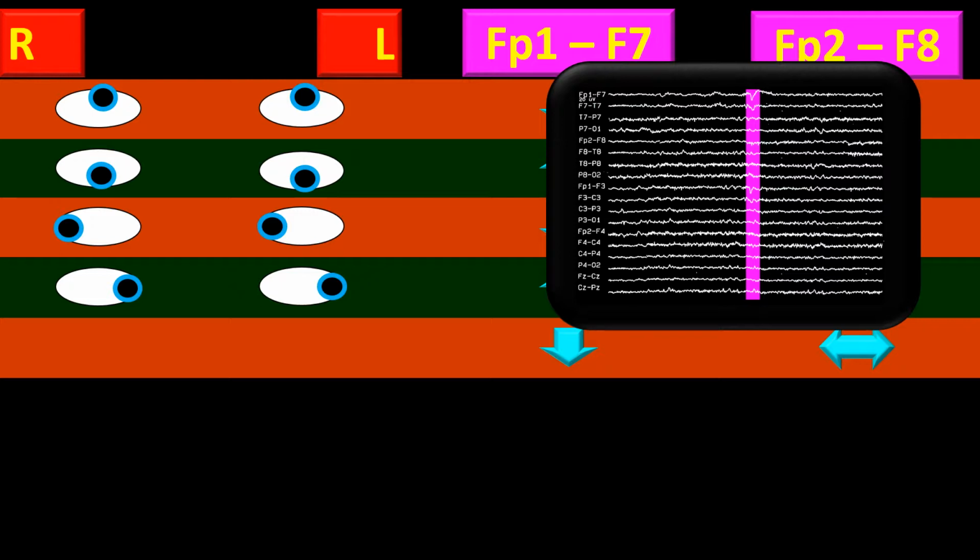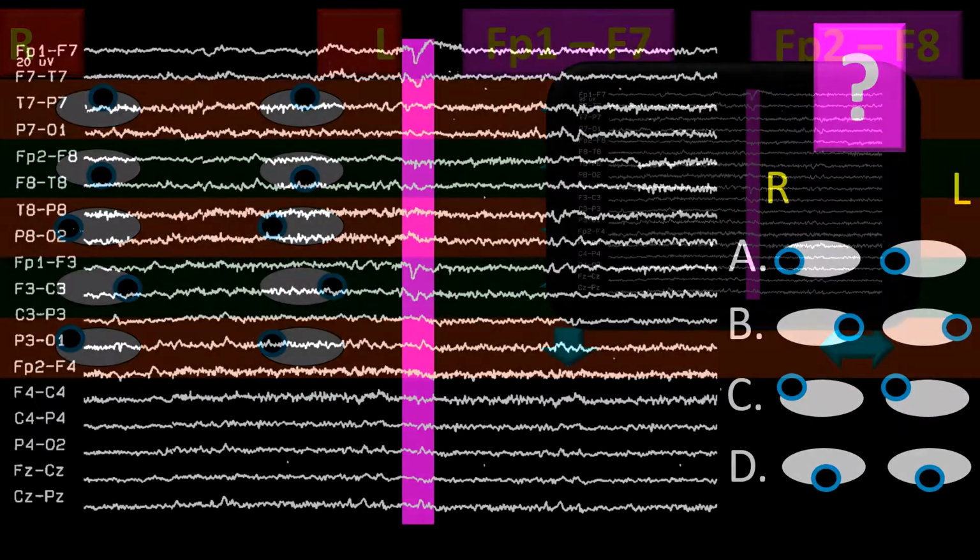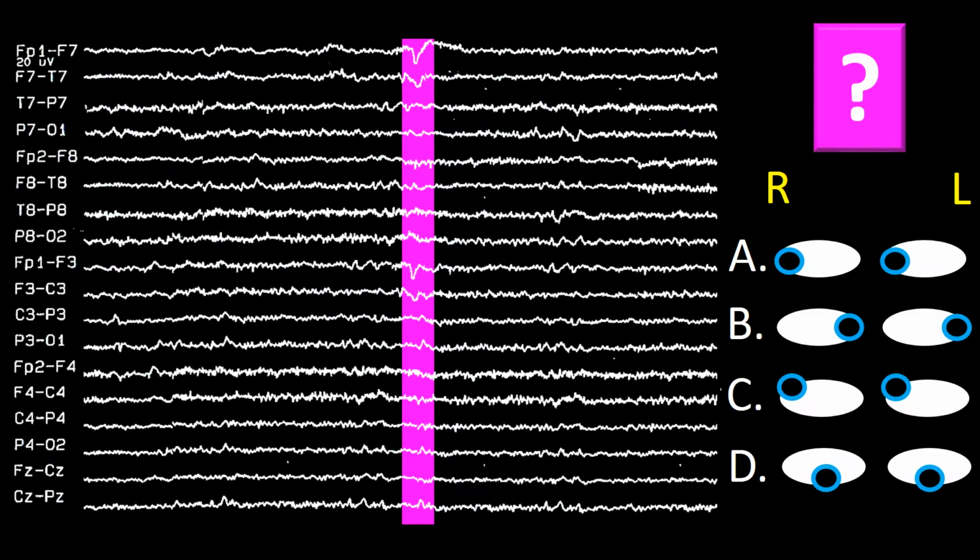This pattern of eye movement, which is going down on FP1 F7 and neutral on FP2 F8, is, as we mentioned before, what occurs when someone is looking up and to the right. So the answer to this question is C.